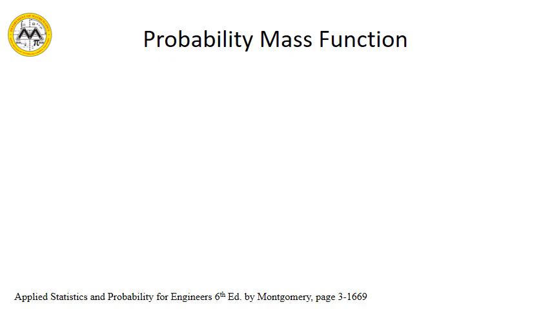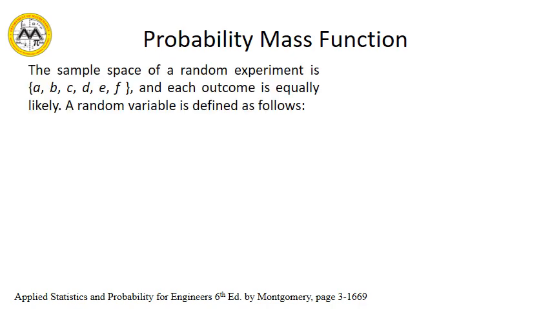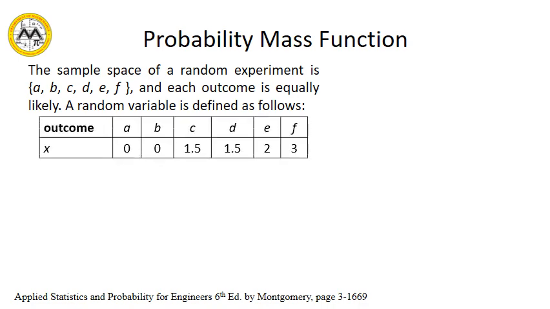Let's have some examples about the probability mass function. The sample space of a random experiment is a set that contains the values a, b, c, d, e, and f, and each outcome is equally likely. A random variable is defined as follows.